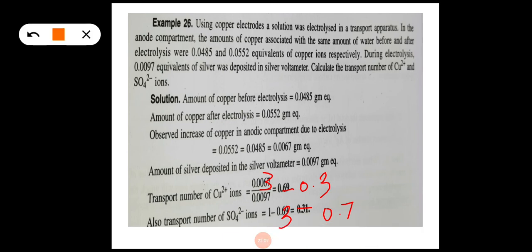This is the amount of copper before electrolysis, and this is after electrolysis. This is the amount of silver deposited in the voltammeter. Now the same equivalents of anions will bring copper into the solution. So the copper concentration after electrolysis we expect as 0.0485 plus 0.0097.